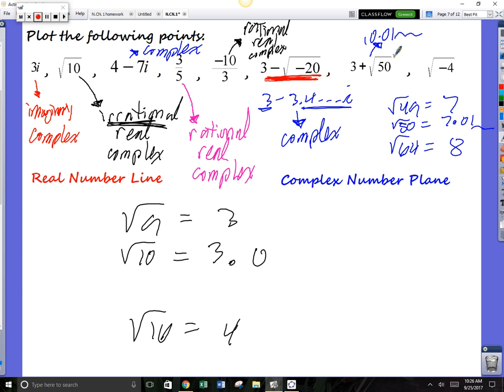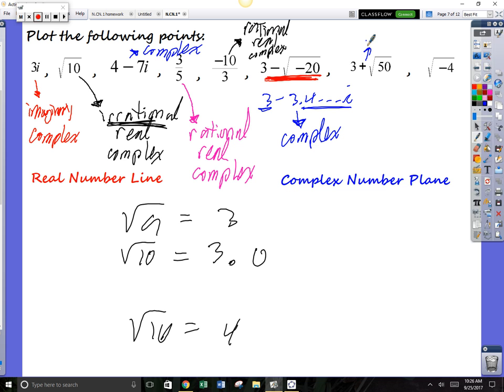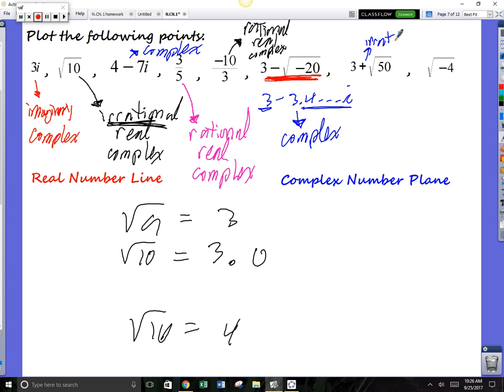What kind of number is this? How do we classify that number? It's irrational. So if it is irrational, what else is it? It is real. Irrational, real, and it is complex. Complex is everything. Any number is complex.